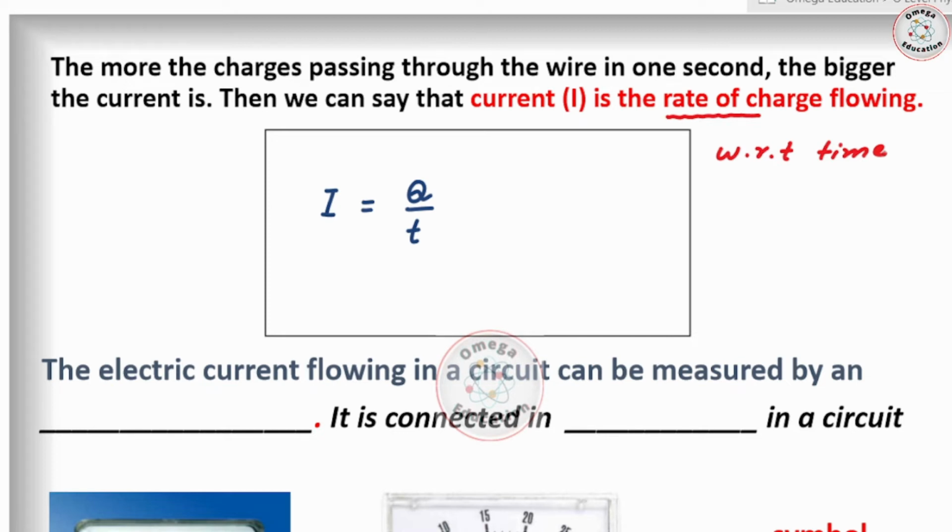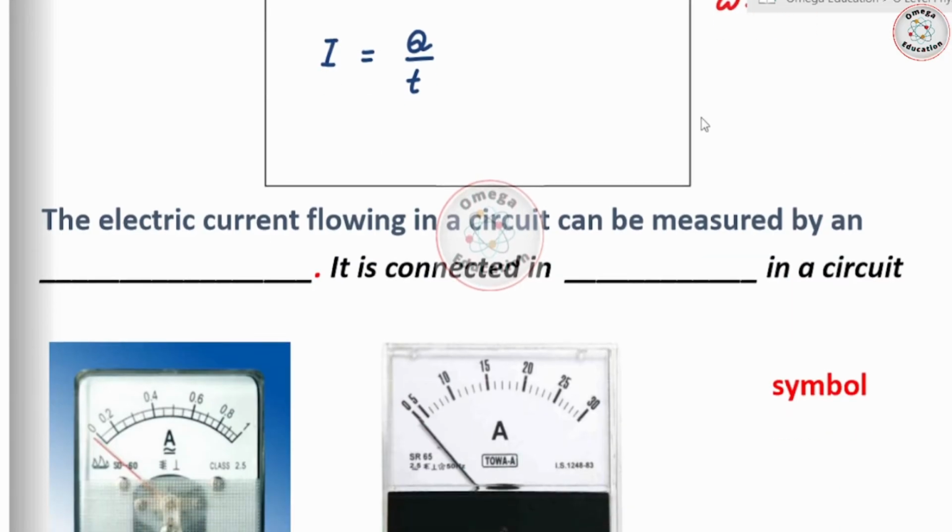The electric current flowing in a circuit can be measured by an ammeter. Ammeter is a tool if you want to measure the current experimentally, practically, physically.